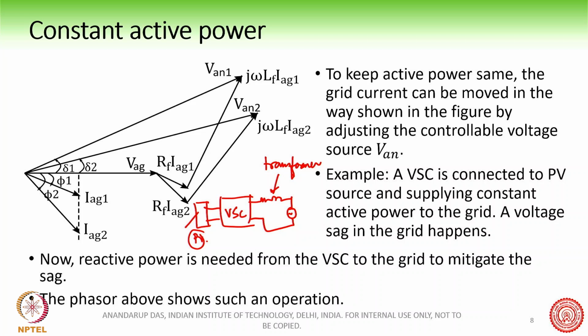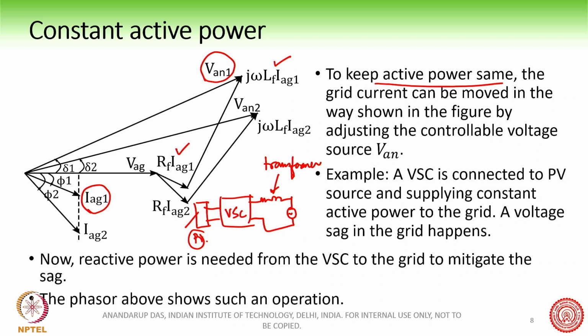So in this case, suppose this PV panel is generating active power. In the first condition, if you see the phasor diagram, the steady state phasor is something like this. Here RF IAG comes and then j omega LF IAG comes here, and here is the steady state phasor diagram that we have.